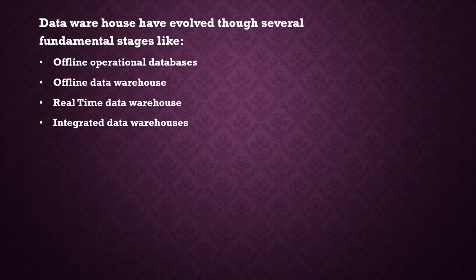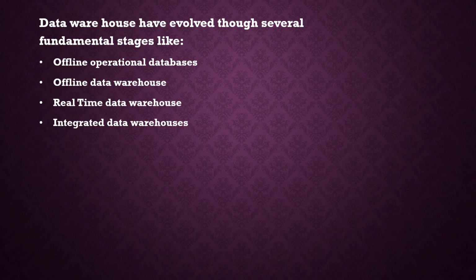Next one is the integrated data warehouse. See, actually, data warehouses are used to generate activity or transactions that are passed back into the operational systems for use in the daily activity of the organization. Actually, these are all things given in your textbook.